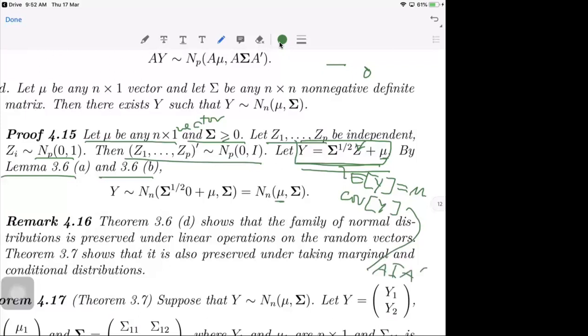But our A is sigma to the 1/2. So sigma to the 1/2 I, sigma to the 1/2 prime, but sigma to the 1/2 prime is just sigma to the 1/2. Then sigma to the 1/2 times sigma to the 1/2 is just equal to sigma. So that's why this is equal to sigma. So ang nahitabo din actually is sigma to the 1/2 I sigma to the 1/2 prime. No? So that is A I A prime. But that is just equal to sigma.